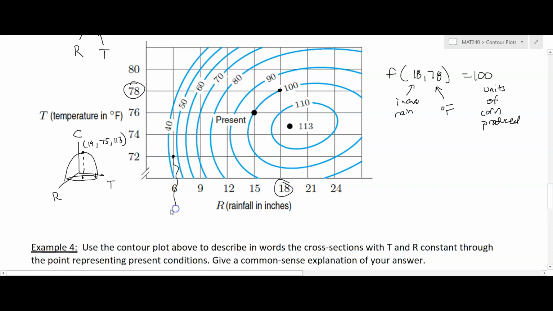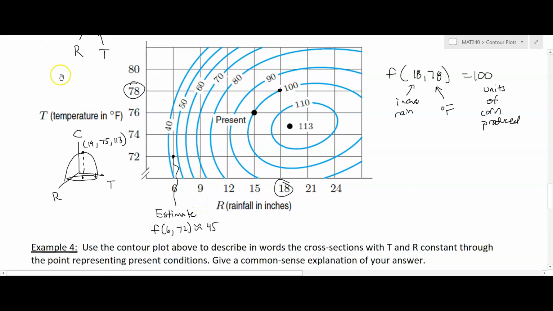So I might say as an estimate, there's no way to do this exactly, especially since things are not changing linearly, but since it's about halfway between 40 and 50, I could say that f(6, 72) appears to be somewhere around 45 units of corn produced under those conditions.